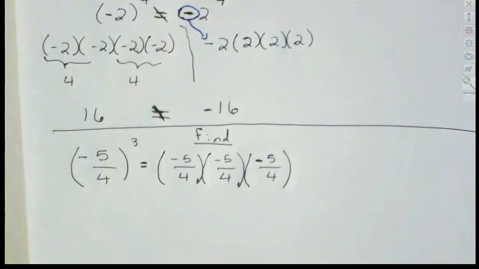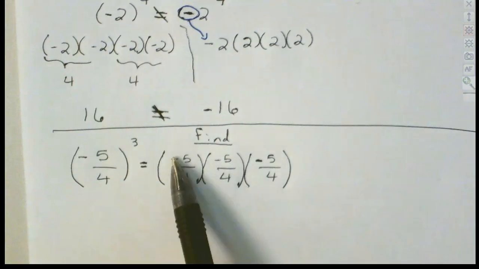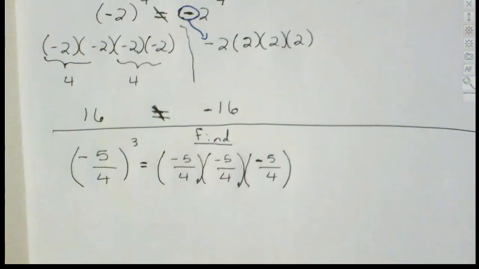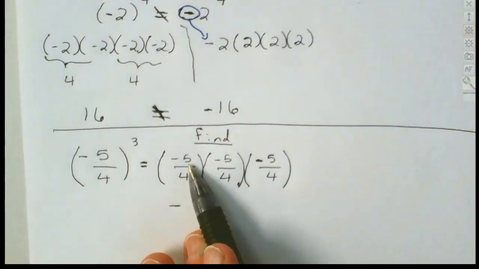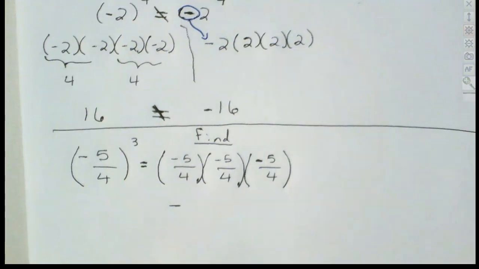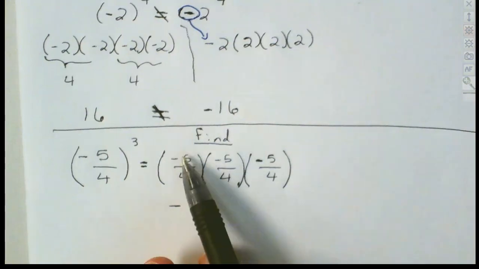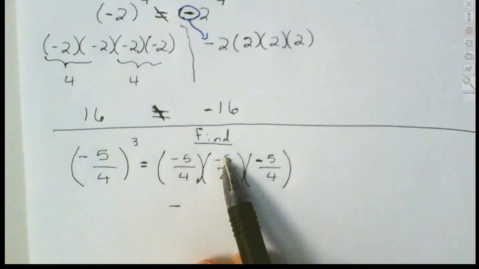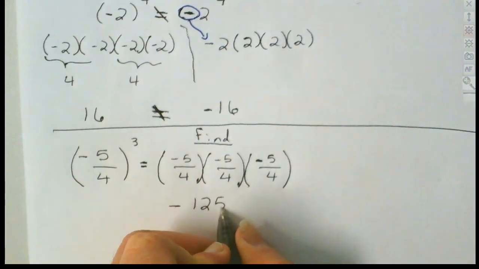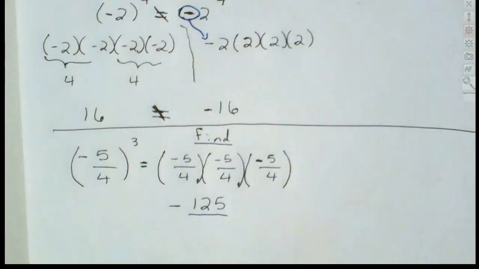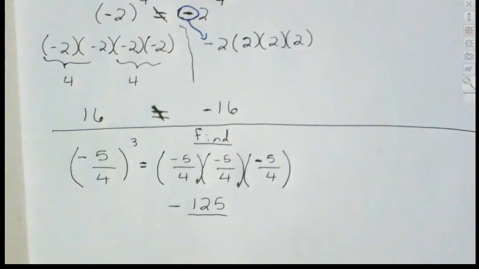And once you've got it written out the 3 times, now what do you know? How many negatives do we have? 3 negatives, so my answer is going to be negative. And we just multiply across the top, or the numerator, and we multiply across the bottom for the denominator. So 5 times 5 is 25, times 5 more makes it 125, and 4 times 4 is 16, times 4 more should make it 64.